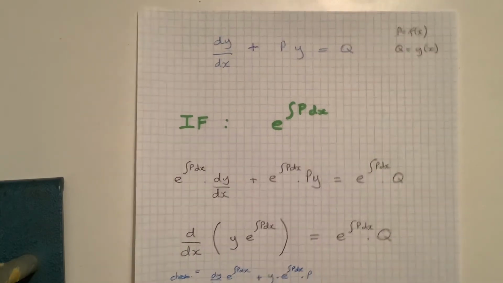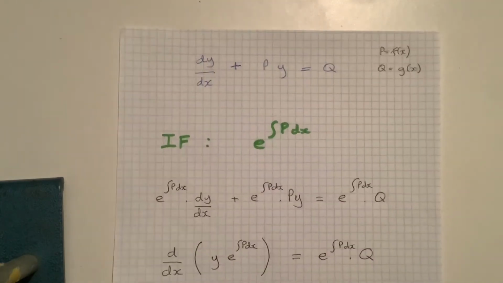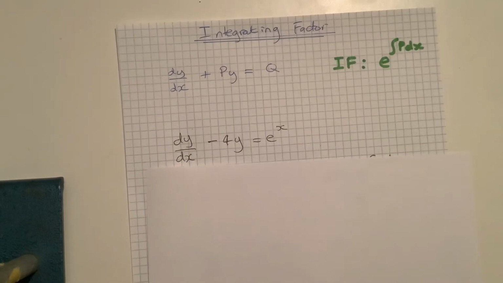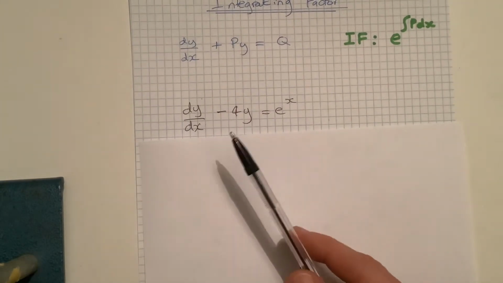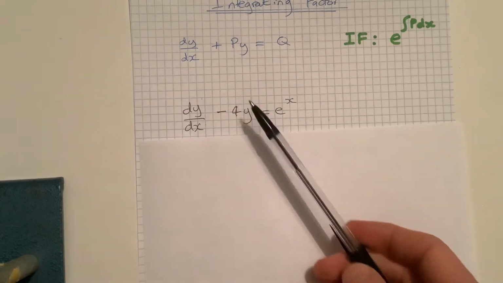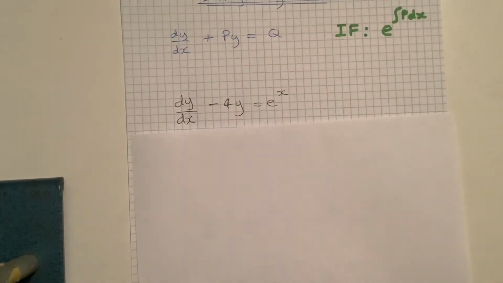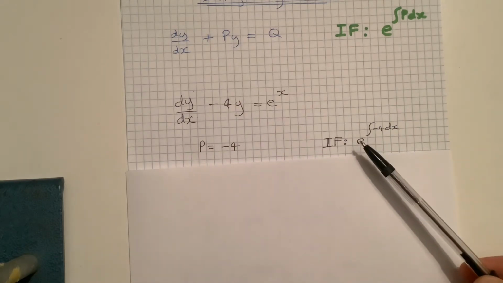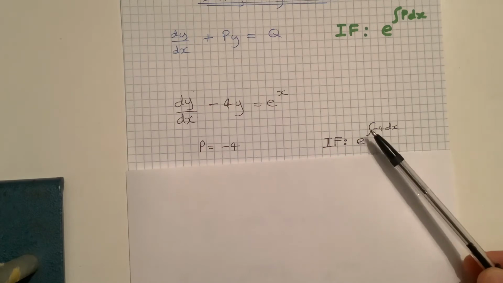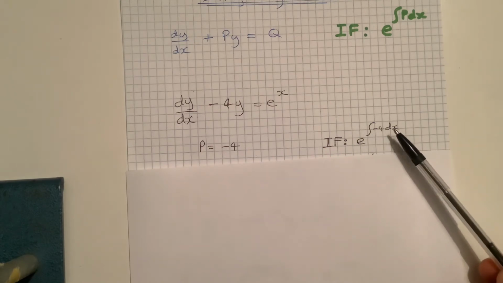So let's go back to that question that we saw a moment ago, which was this one. So we can see that it is already in this form, and we can see that our p function is -4, which means that our integrating factor is going to be e to the power of the integral of -4 with respect to x.